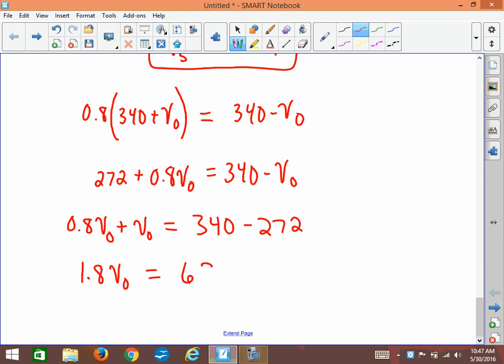So 68. And then we divide 68 by 1.8. What do we get? 37.8 meters per second is how fast the car must be going in order for that to happen.